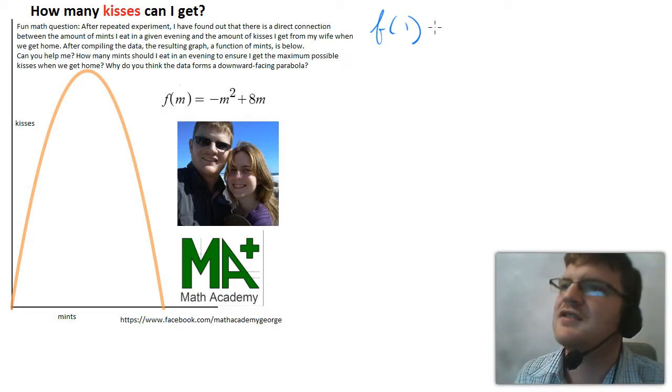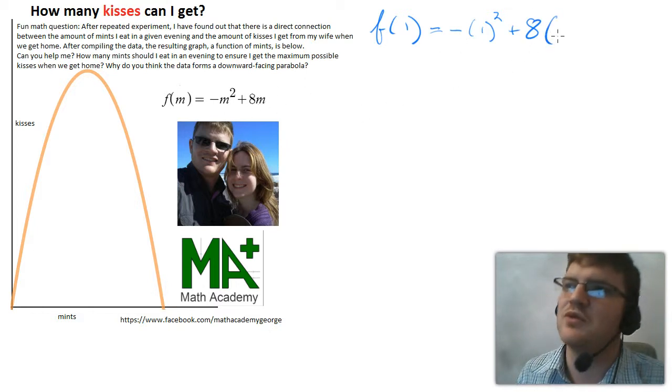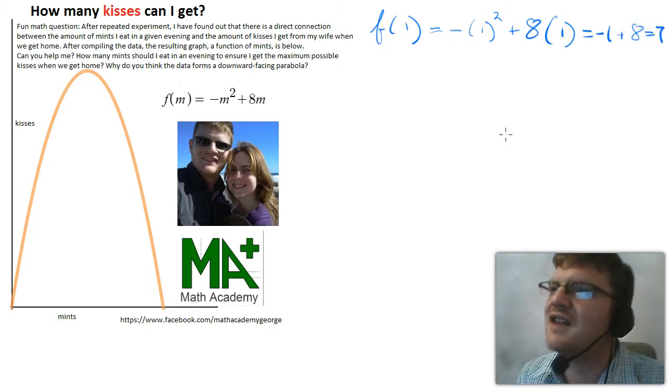The function of 1 is negative 1 squared plus 8. Again we're replacing the m's with 1. So what is 1 squared? Well, that's 1. So that's negative 1 plus 8 times 1 is 8. So I get 7 kisses.